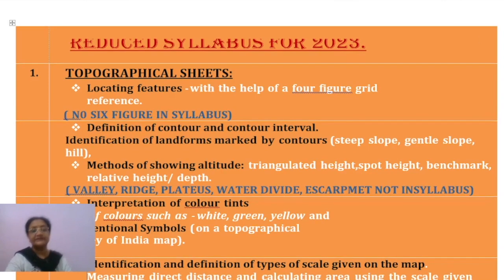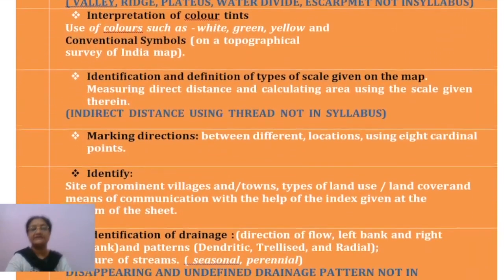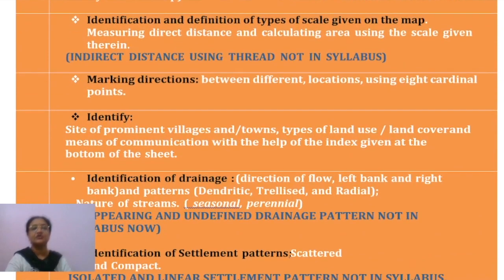Then after this, the next thing is identification and definition of types of scale. For that you should understand the different types of scales used in maps in general, and especially in the topo sheets. In reference to the topo sheet, what different types of scales are used, and especially the RF method.